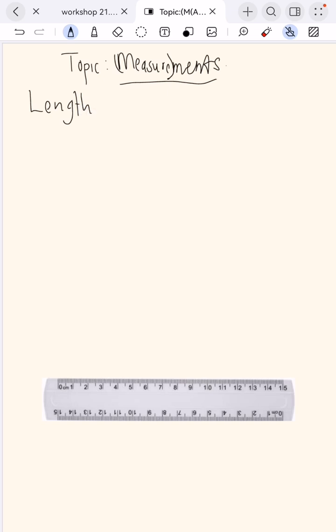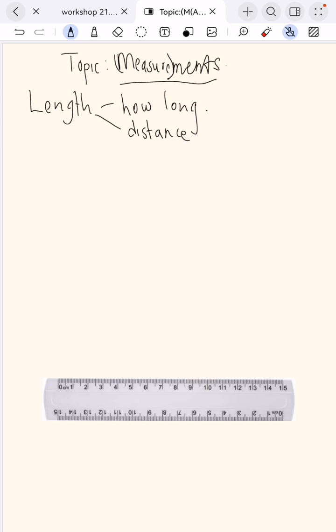We can explain length as how long an object is. If we don't say how long, we can also compare it to the distance.